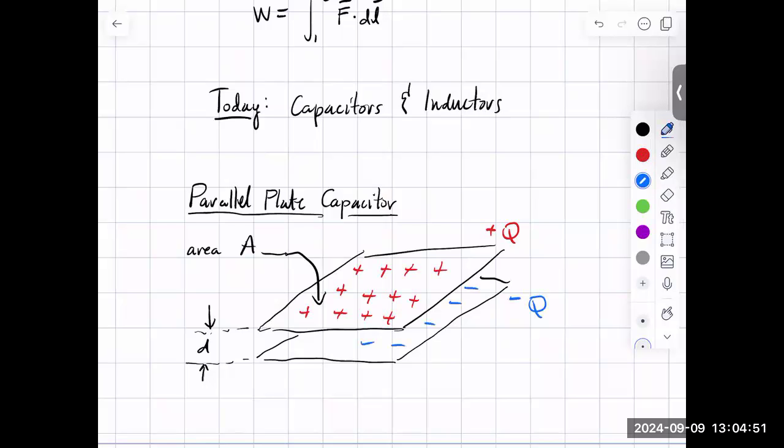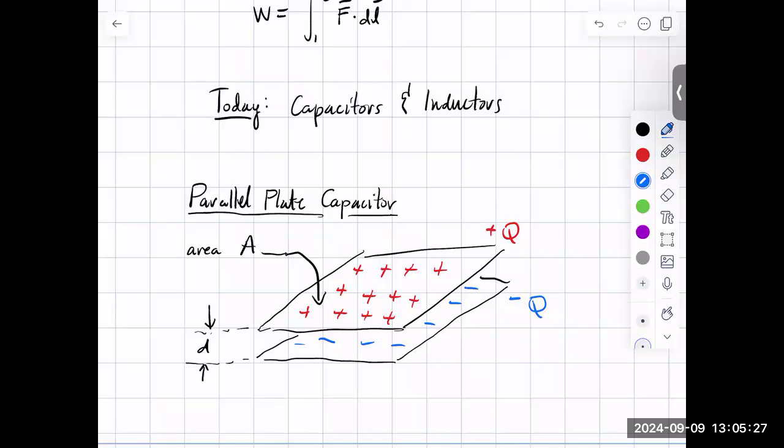If these two plates started out neutral and you connect the battery, the battery is going to cause electrons from one plate, say the top plate, to migrate over to the bottom plate. As you take an electron away from the neutral top plate, you end up with an excess of positive charge from the nuclei that make up the conductor. Then that electron gets deposited on the bottom plate, so you get excess negative charge on the bottom plate, and they have to be equal and opposite.